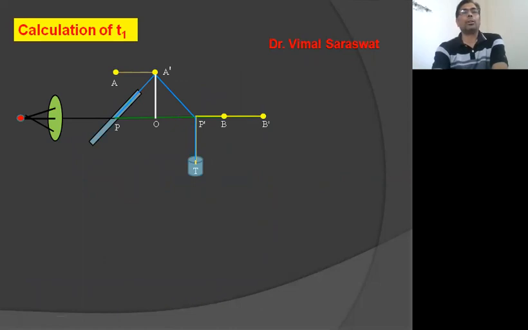Now, calculation of time T1. To determine the time T1, we draw a perpendicular from A dash on PP dash.